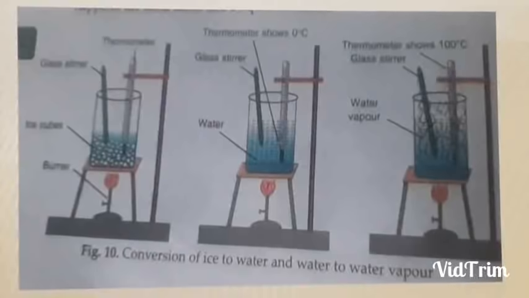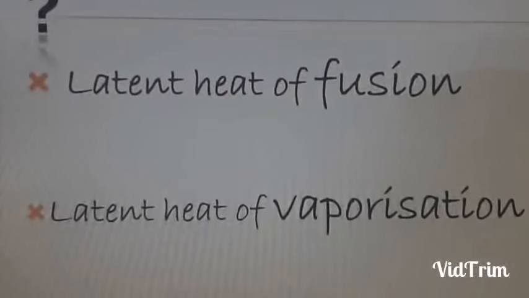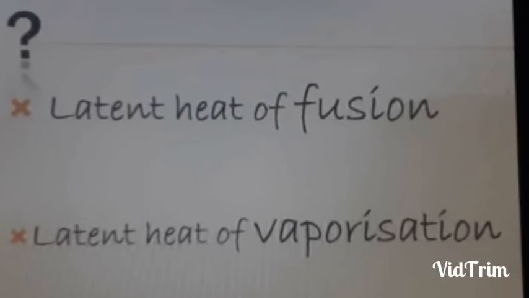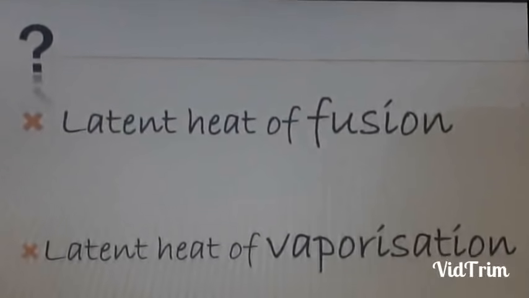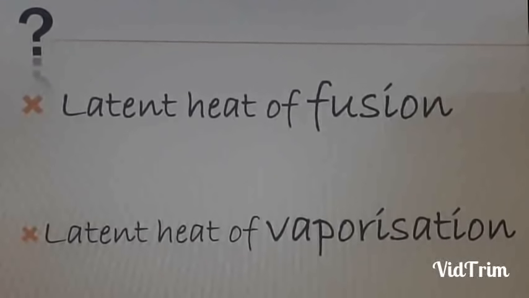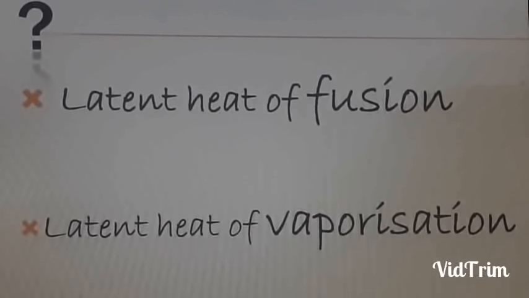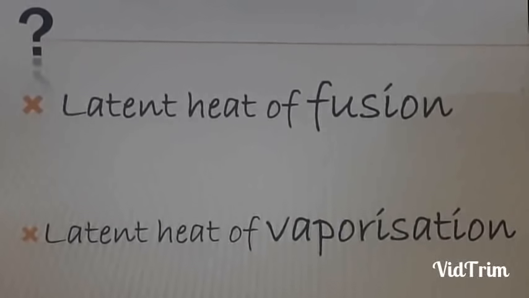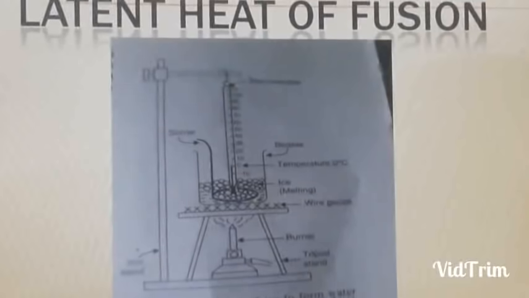Let us now try to understand two important concepts. One is latent heat of fusion and another latent heat of vaporization. Now, latent heat of fusion can be understood when we are changing solid to liquid. Let us experiment.